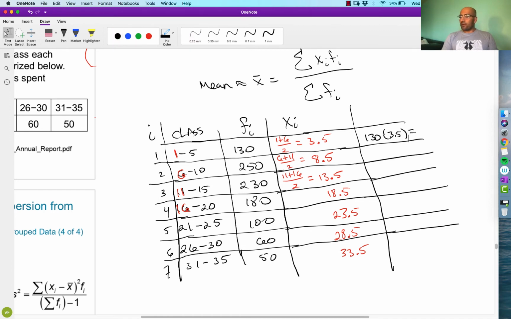That's going to be 455. So that means that my best guess is that if I add up all the hours studied collectively by these 130 people, it is going to be 455 hours.